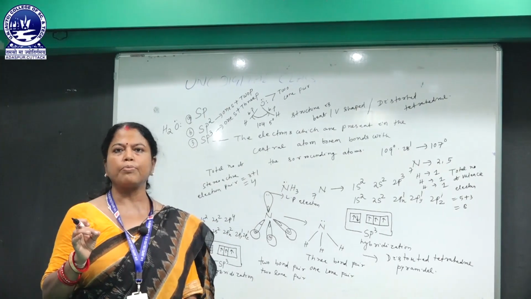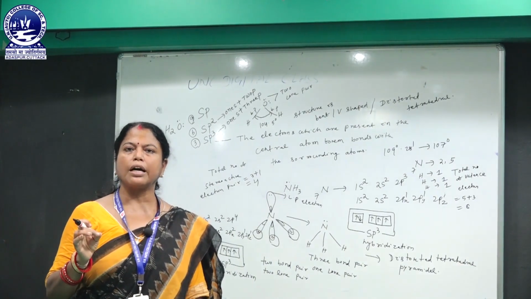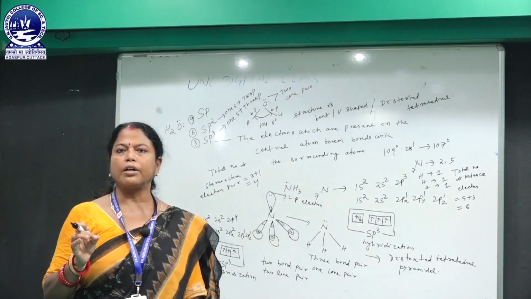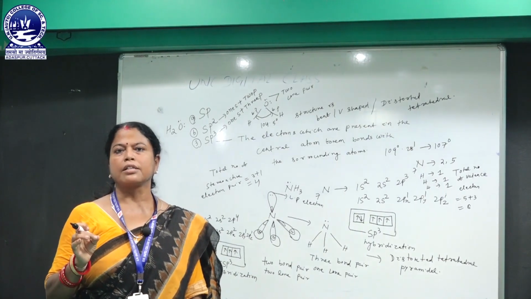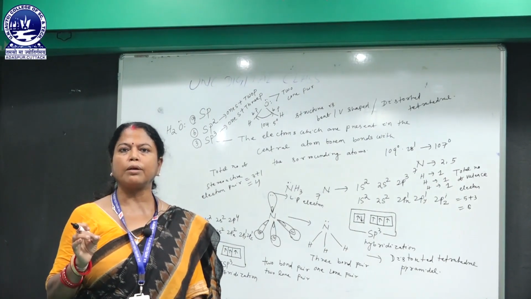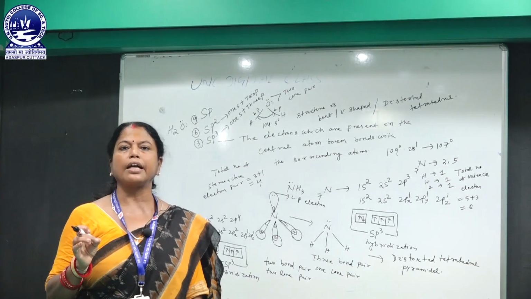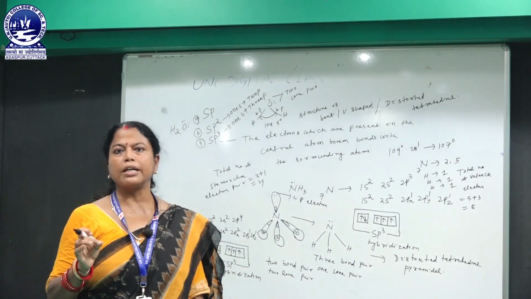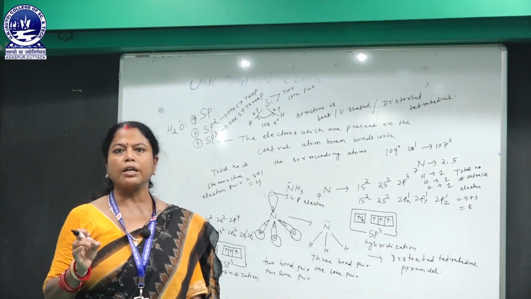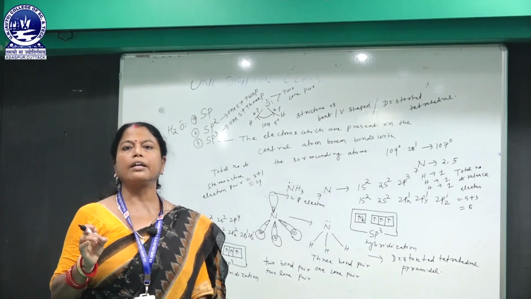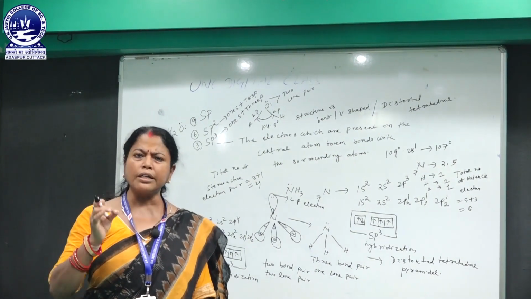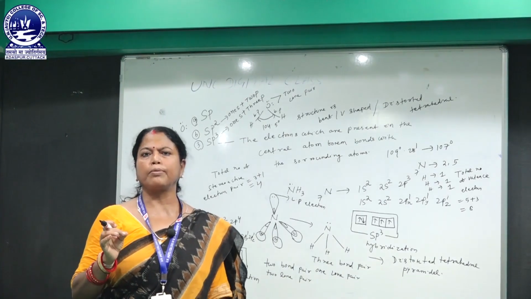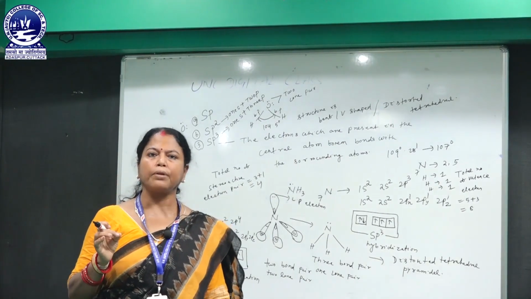Then coming to sp2, 1s and 2p produce 3 sp2 hybrid orbitals. The shape is trigonal planar. Examples are ethylene and BF3, BCl3, etc. The shape of the molecule is trigonal planar.